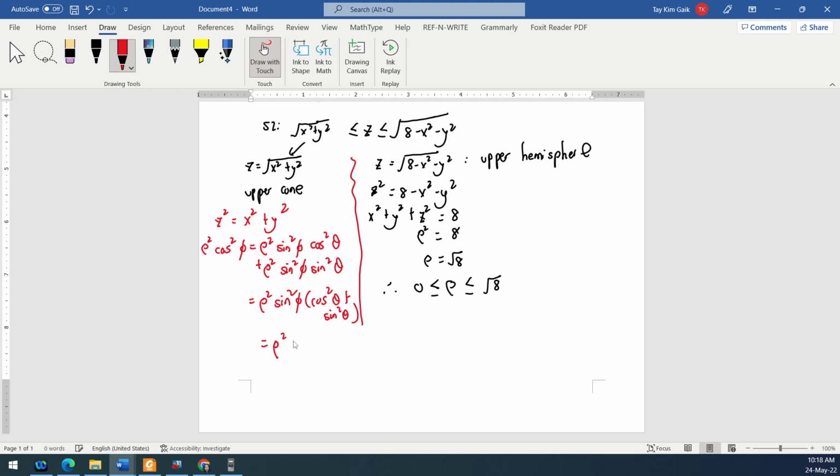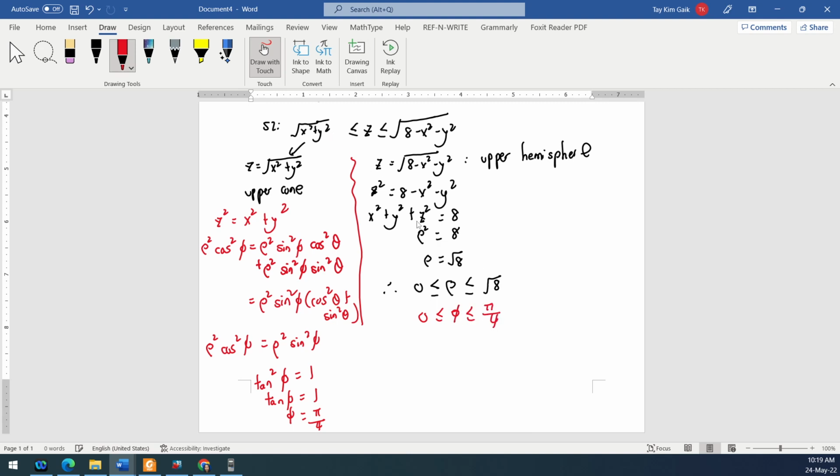So you have cos squared theta plus sin squared theta, which is 1. The right hand side is left with rho squared sin squared phi, and the left hand side is rho squared cos squared phi. Solving this, tangent squared phi is 1, and then tangent phi is 1, so phi will be pi over 4. That's why phi is from 0 up to pi over 4.